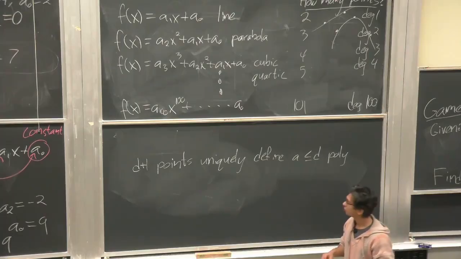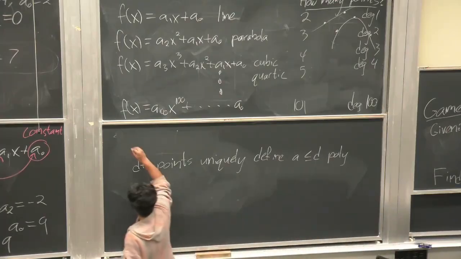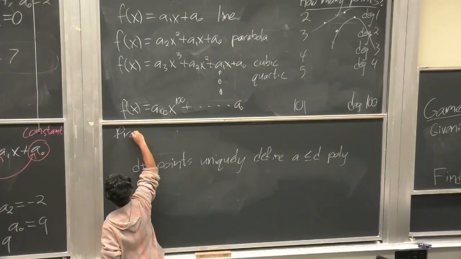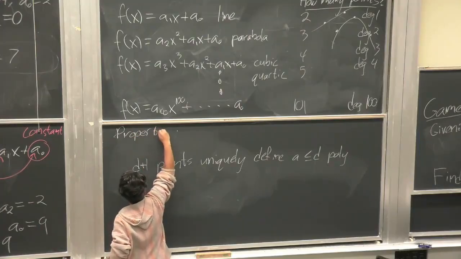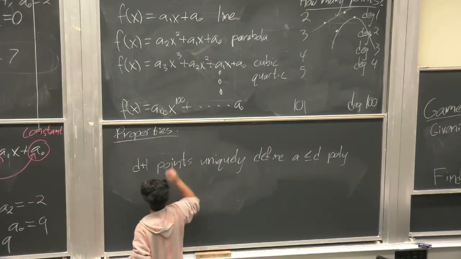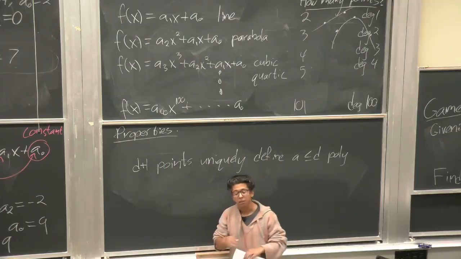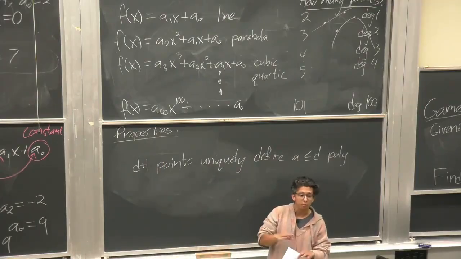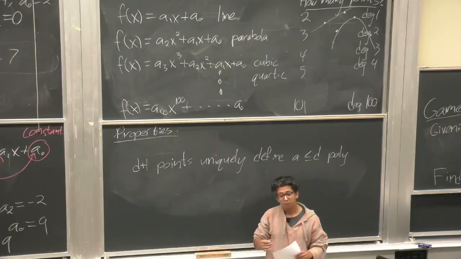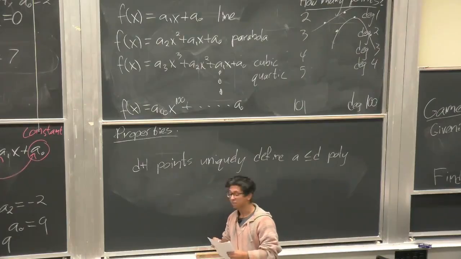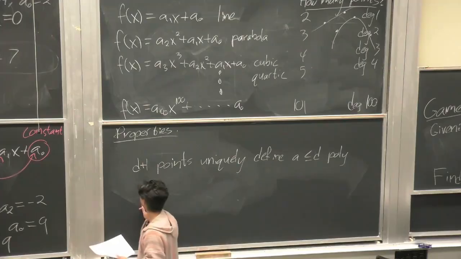This is something we're going to prove. And this is one of 2 properties of polynomials. We really only care about 2 properties, and that's going to give us so much. Like Thursday, we're going to use these 2 properties to do some pretty cool things, actually. These topics are quite cool.